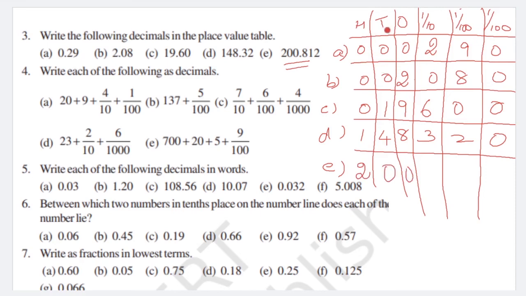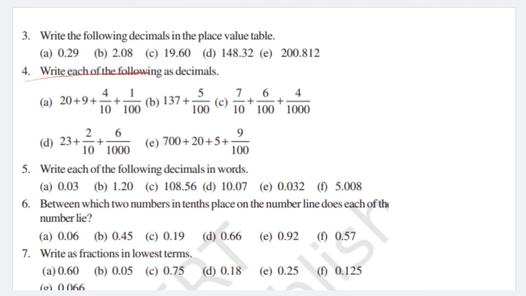There is no ten and there is no ones value. So you just write it as 200. Here comes the point after the ones place. Then 8, 1, 2. That's all. This is very simple. The important thing to be noted is the decimal point. It will be placed after the ones place.